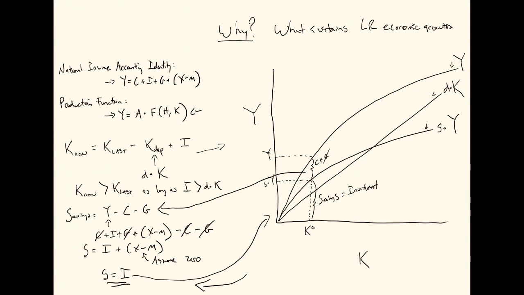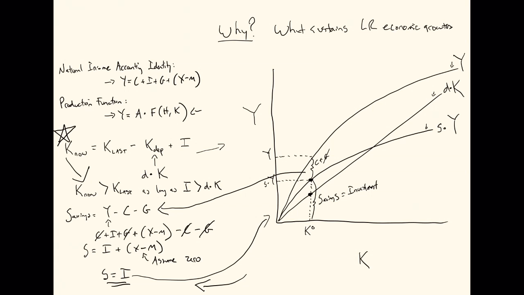Now something else is important to note here. You can see that our total level of investment at this point is greater than our total level of depreciation. So if we think back to, and I'll put a star next to it, this equation, we know that if K now is greater than K last, this will happen when investment is greater than total depreciation.